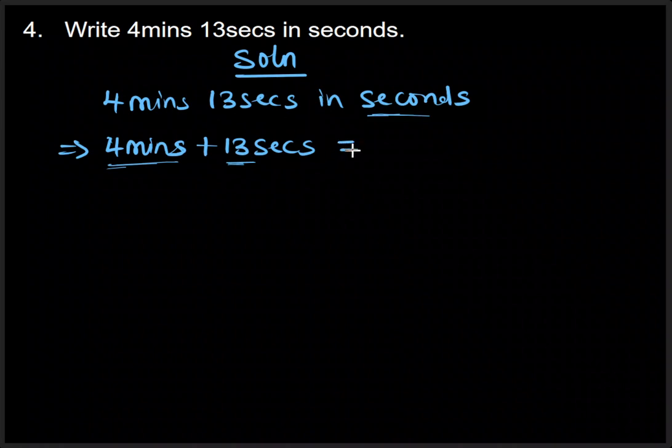So how do we change 4 minutes to seconds? Minutes to seconds, we multiply by 60. So instead of 4 minutes, we'll have 4 times 60, which changes from minutes to seconds, plus 13 seconds.